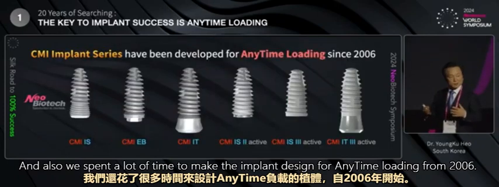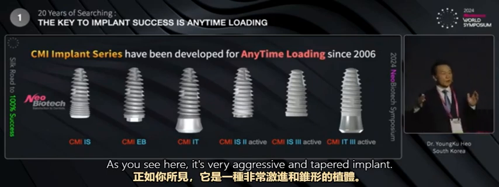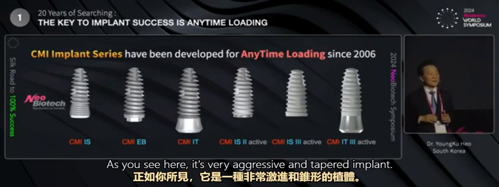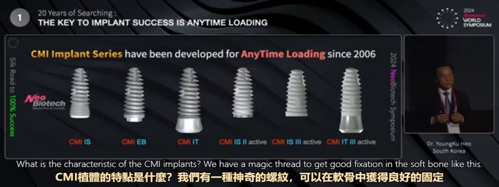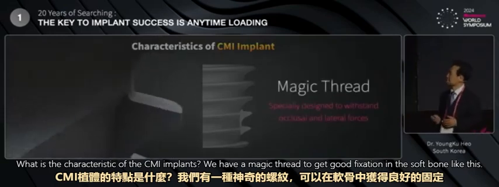And also, we spent a lot of time to make the implant design for AnyTime loading from 2006. As you see here, it's a very aggressive and tapered implant like this. So what is the characteristic of the CMI implants? We have a magic thread to get good fixation in soft bone like this.